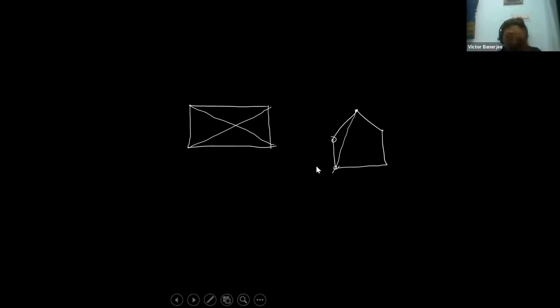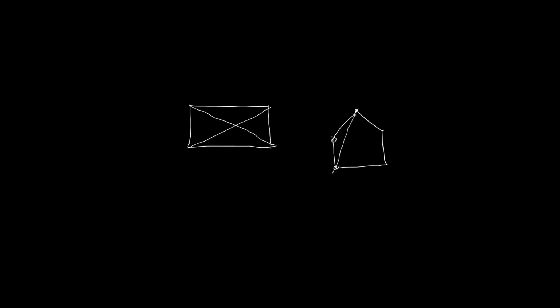So if this is the diagonal, if I join the opposite vertex, that becomes a diagonal. But if it's like a pentagon or hexagon, for example, if I join these consecutive vertices, I don't get a diagonal, right? But if I join this, then I get a diagonal. Am I correct or wrong? Yes, sir, correct.